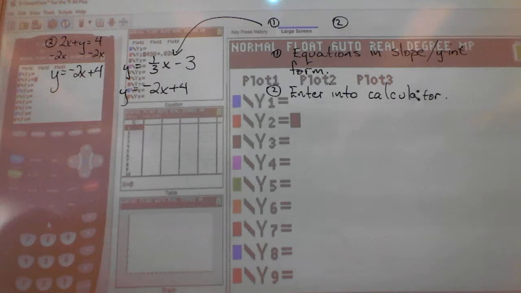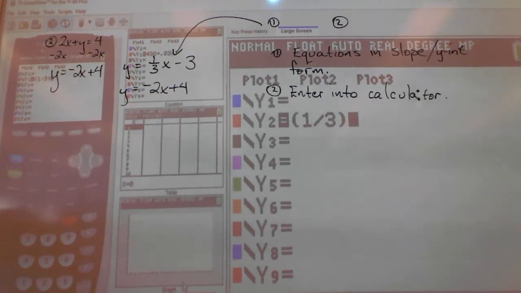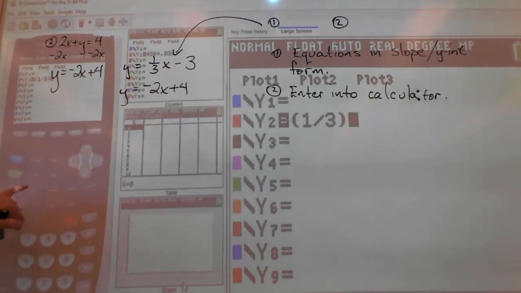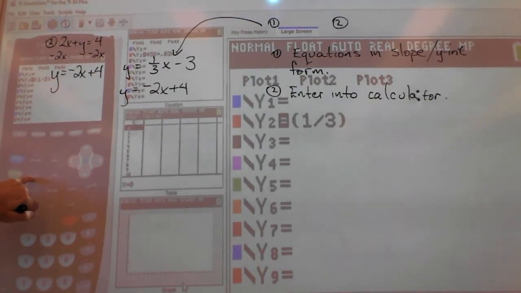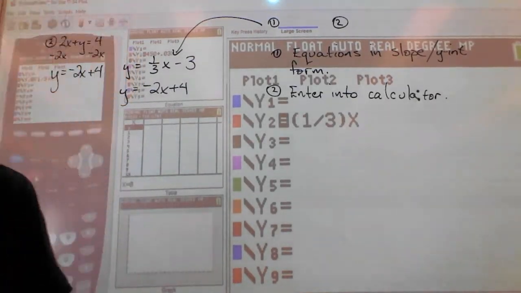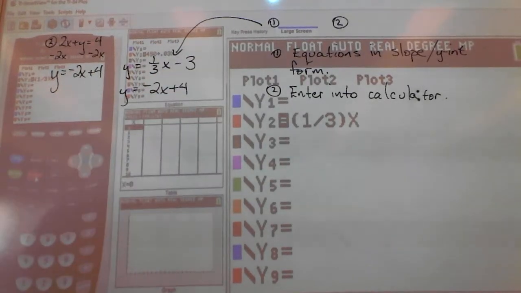So we're going to put bracket 1/3, and then right in kind of the upper left-hand corner, there's a button that has X and looks like a T, an O, an N, that's your variable button, okay? So right up here where you can see the cursor, you're going to press your variable button, and look, it gives you a variable X, okay? So we've got the 1/3 X, now we just have to plug in the rest of it, minus 3. There we go, we've plugged in our first equation.